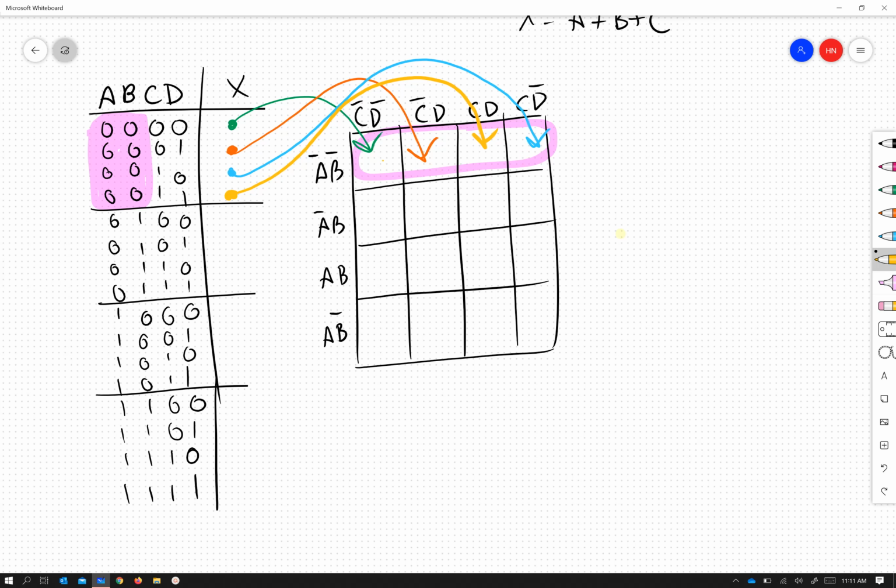And that's going to be the same thing in the next section, which I'll highlight in green. This next section of combinations is where A is off and B is on. So that's this section right here. And it's going to follow the same pattern, 1, 2, 3, 4, like that.